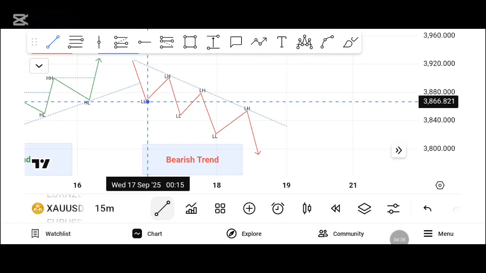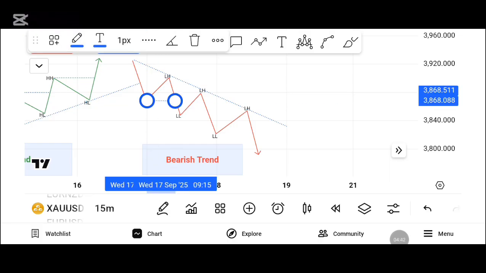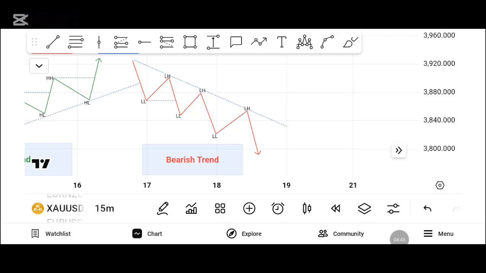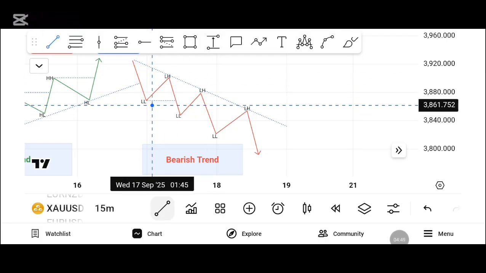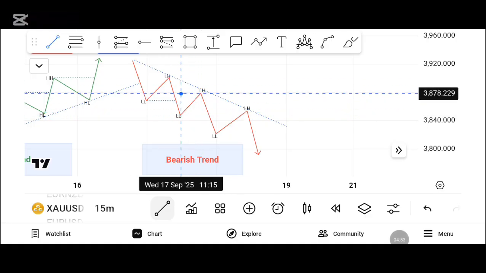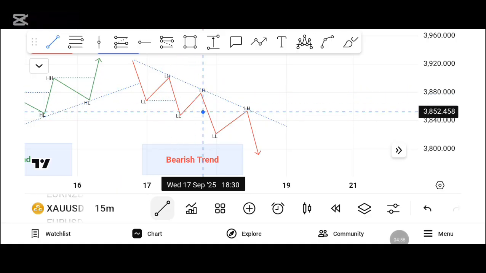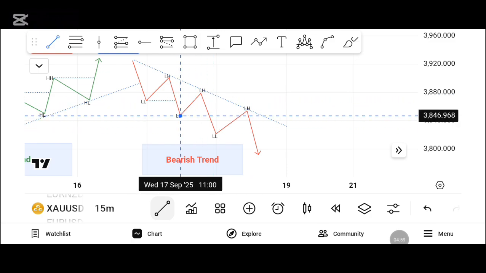Here we have a break of this high, a break of this low. Price moves down, retraces up, breaks this low. Price pushes down again, retraces back again into our POI. This is POI, right? I'll show you when we go deeper. It breaks this low also.